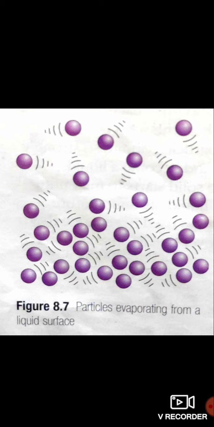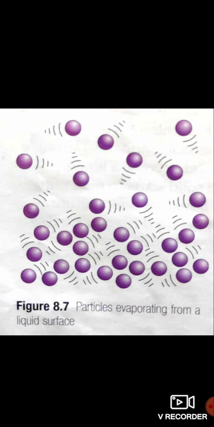The particle theory can be used to explain evaporation in the following way. The particles with the most energy move the fastest. You can see in this figure, the particles which have more energy move faster, and the particles which have less energy move slower, and they are close to each other.